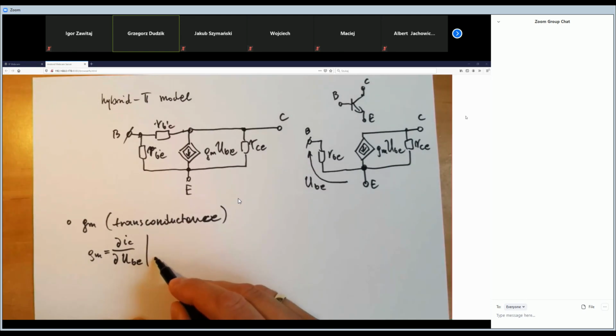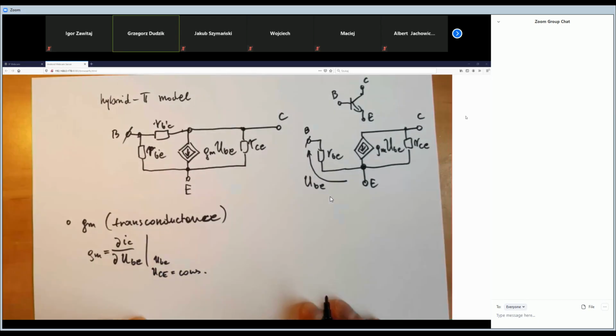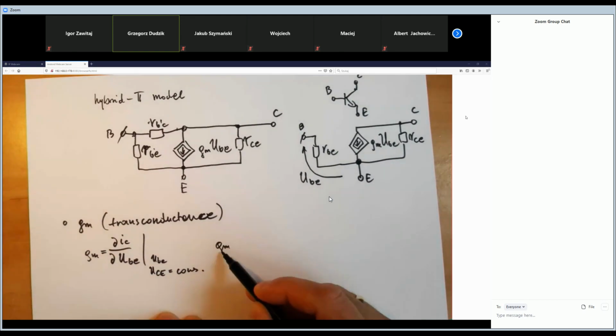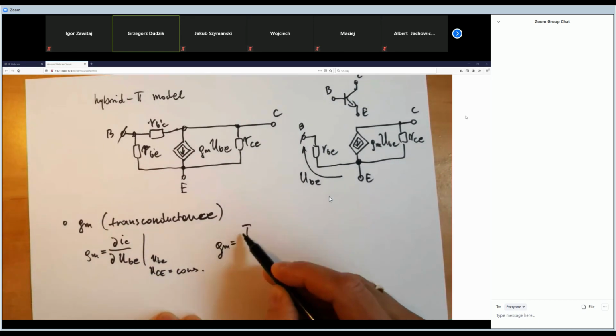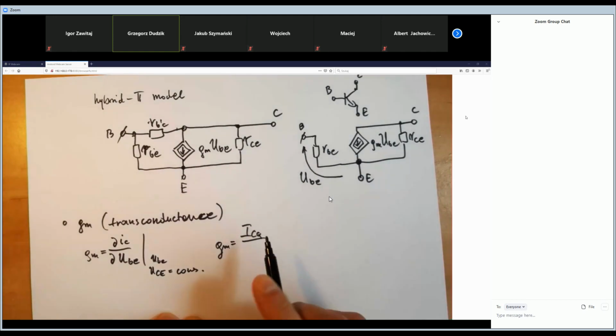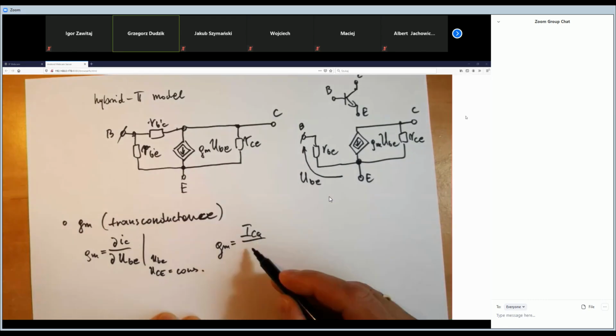This is for the UBE, of course, for some value of change of the UBE. However, UCE should be constant. What does it mean? For these conditions, GM is equal to ICQ over phi t. This is the collector current for the DC working point, over phi t.